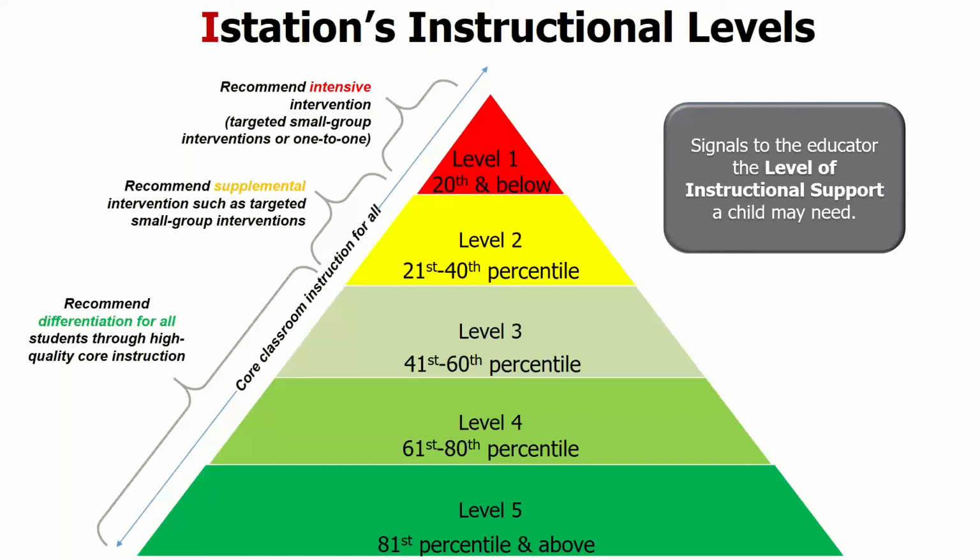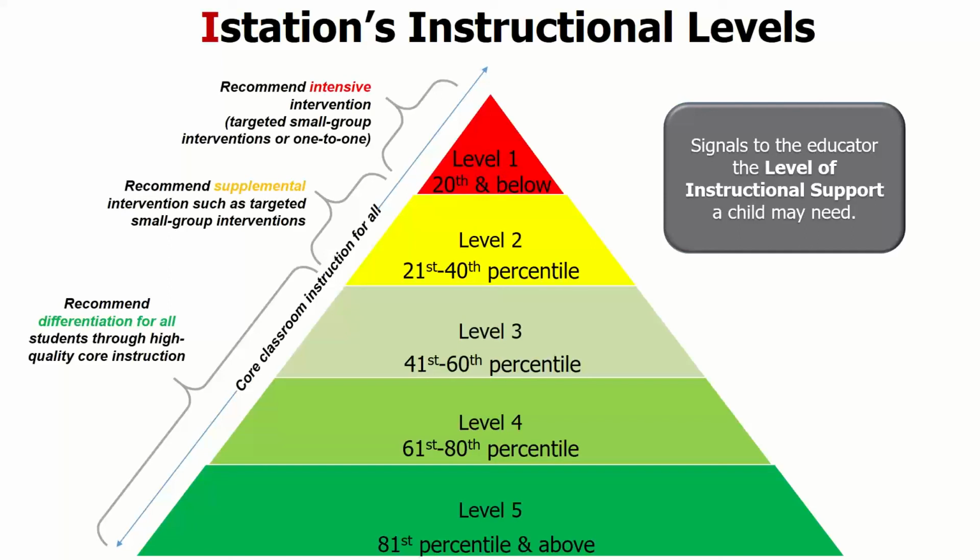And this is important because oftentimes, and I'm saying this more as me when I was an educator in the classroom, when I saw students in green, I assumed that meant good to go. That meant they're on track, they're on grade level. And I would often lose sight of those kids and focus my energy on levels 2 and 1 or tier 2 and 3.